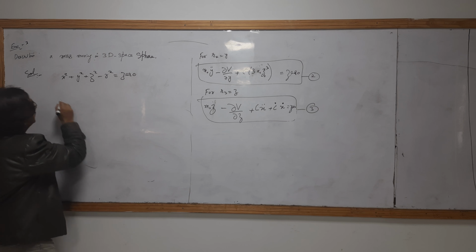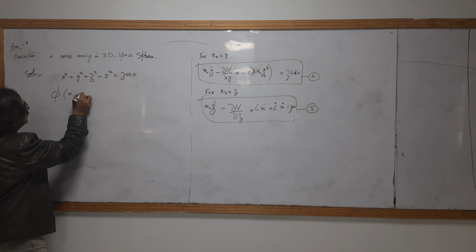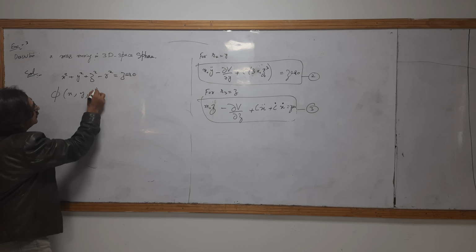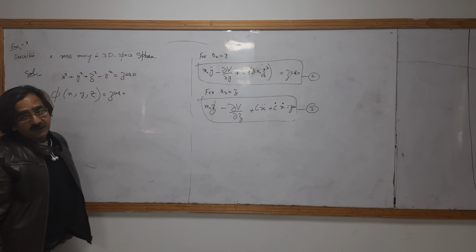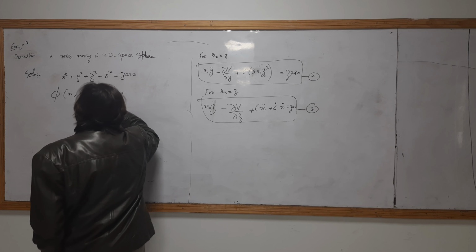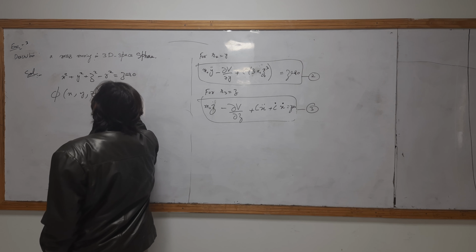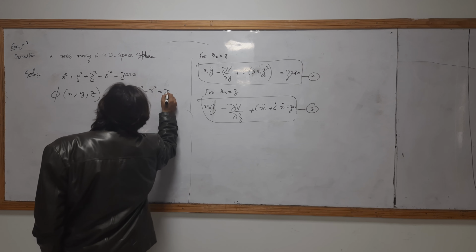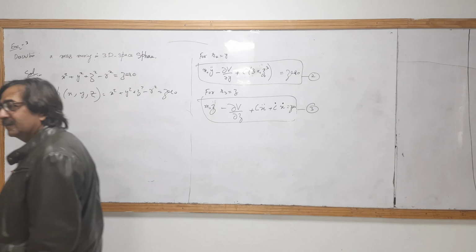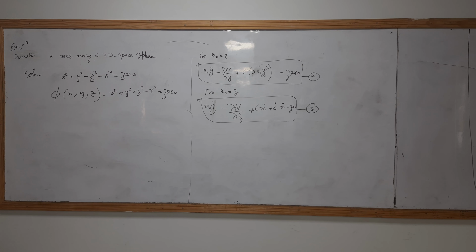This will be the constraint. I mean, phi is a function of x, y, z, and that will be 0. Phi equals x square plus y square plus z square minus r square equal to 0.